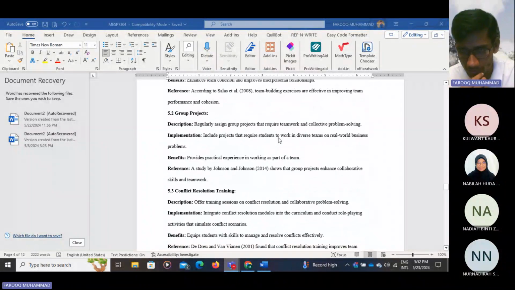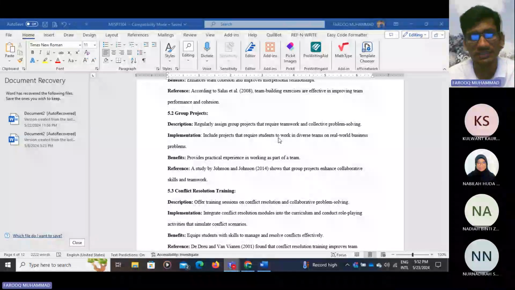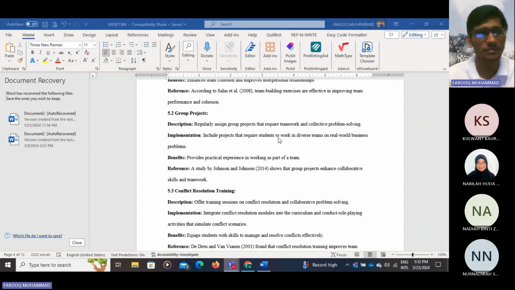The second one will be group projects. You can have group projects as teamwork. If you are having group projects, one will be the leader, one will be the assistant, one will be the team management.